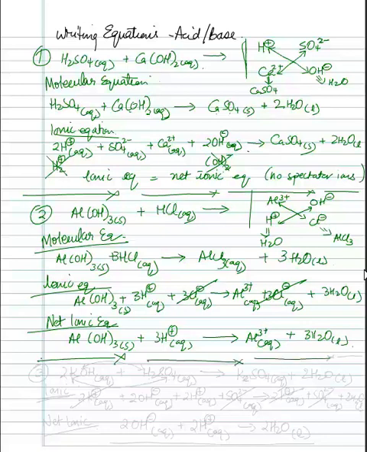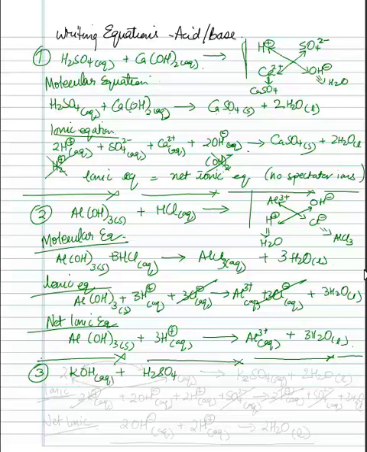Let's write one more, and then we'll be done. This one I'm going to do a little bit faster because hopefully now we are more comfortable with writing equations. Let's take potassium hydroxide and write it with sulfuric acid.